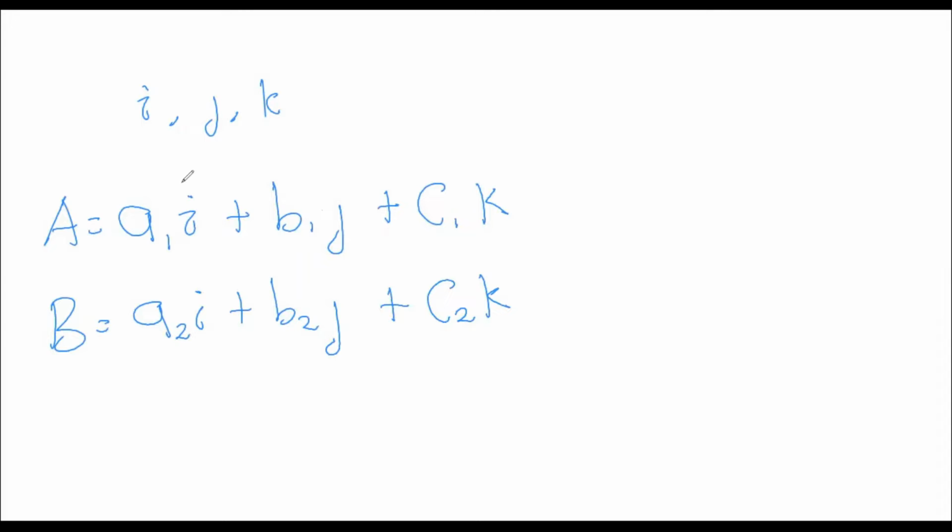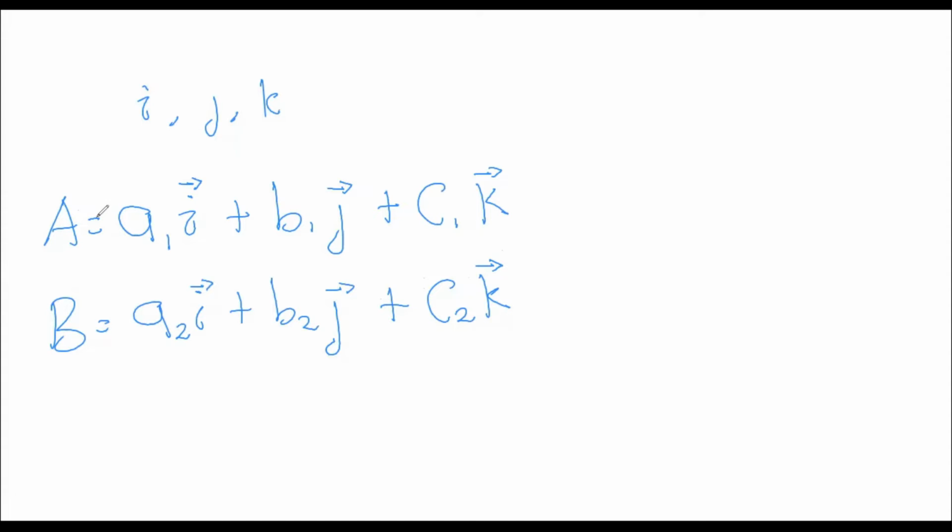Normally we put an arrow here, but I'm unable to do that because of the font. Normally we put arrows to show that these are vectors. When you're writing it, it's always good to put the arrows.